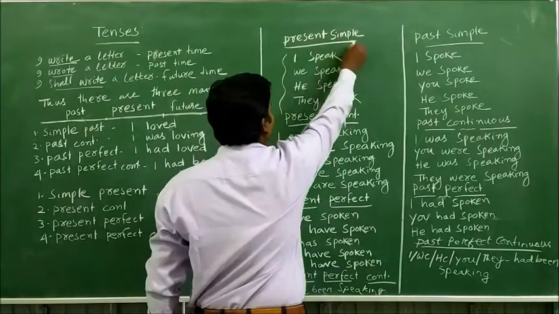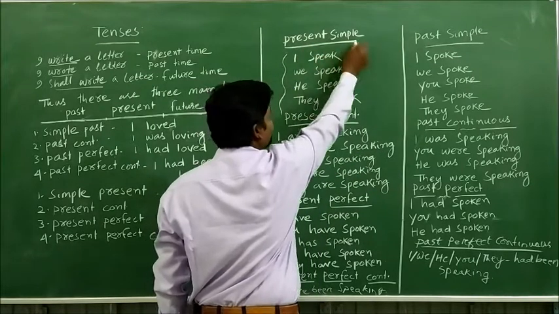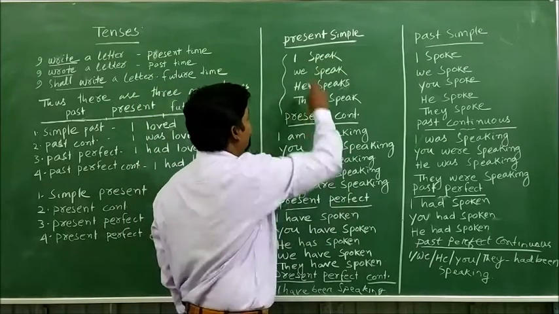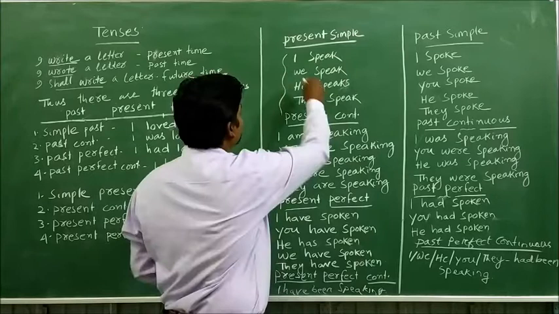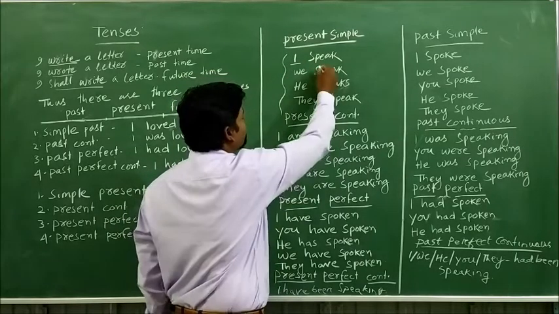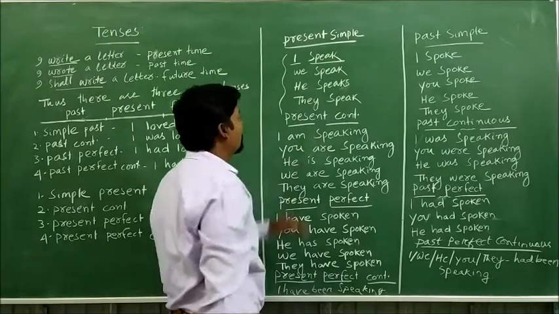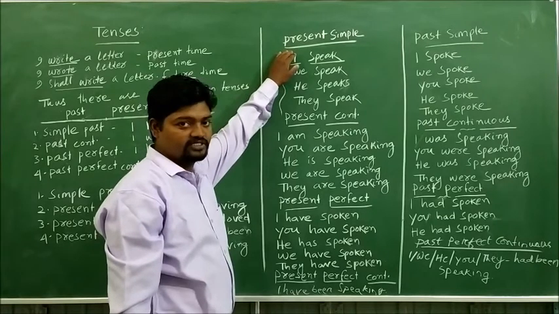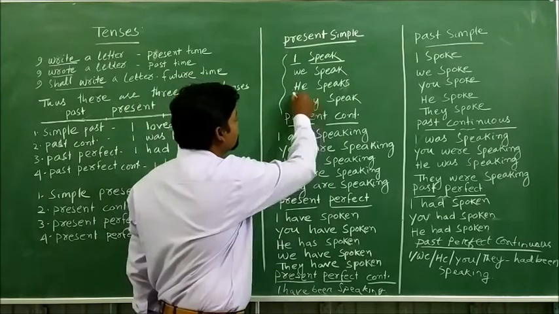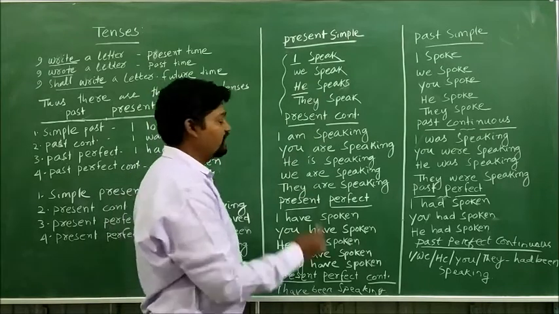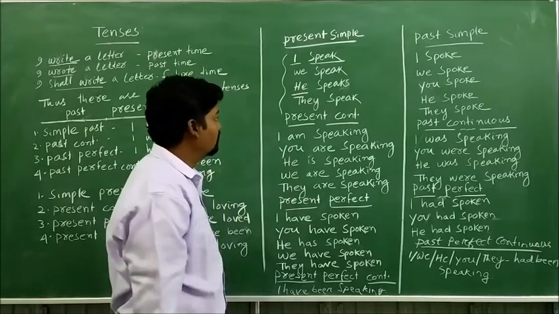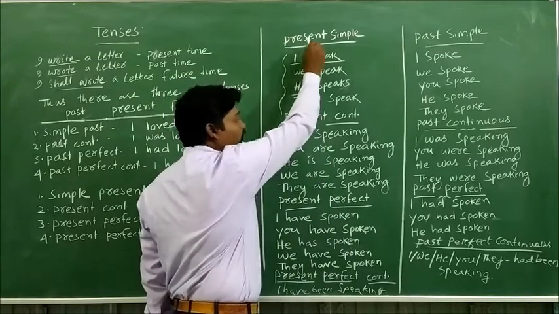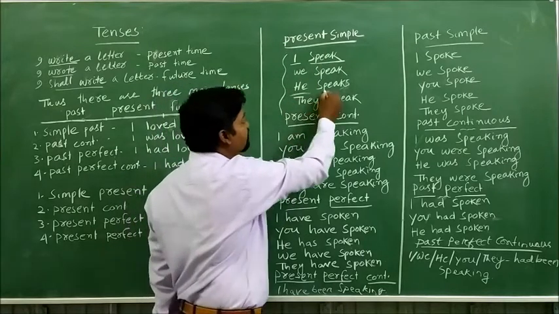Example, simple present or present indefinite: I speak. Here the subject is I and the verb is speak. Children, when we make simple present tense, keep in mind that in the third person singular, he, she, it or any name, we add s or es to the main verb.